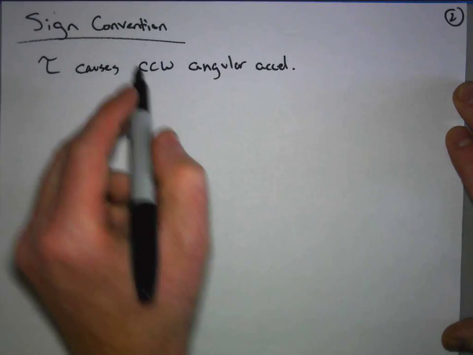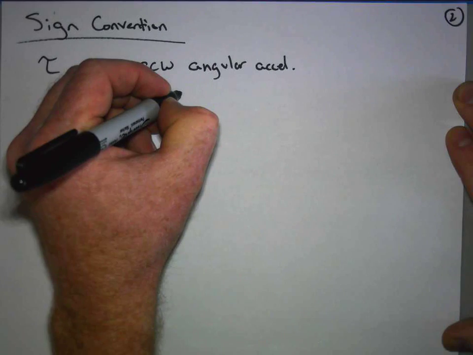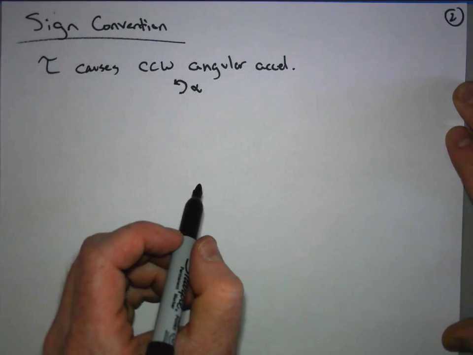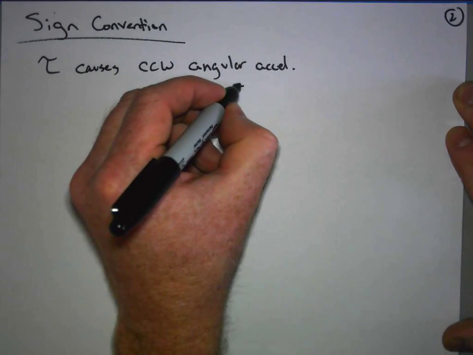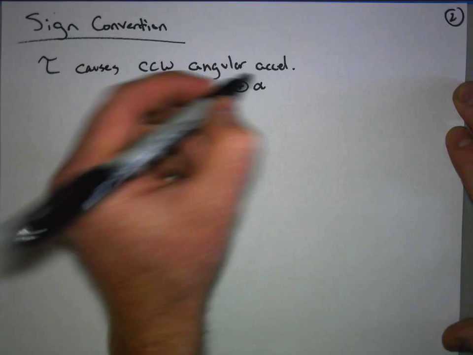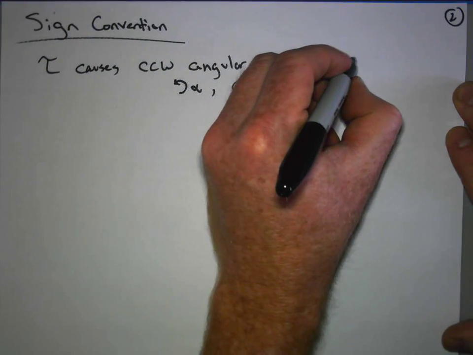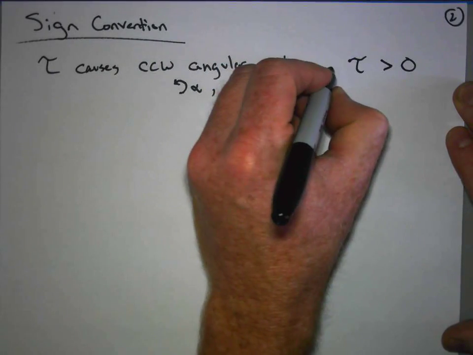If the torque causes counterclockwise angular acceleration, in other words, alpha that way, or a positive alpha, then what we say is the torque will be greater than 0. In other words, the torque itself will be positive.